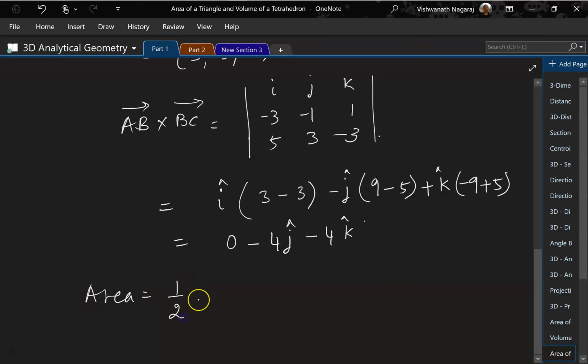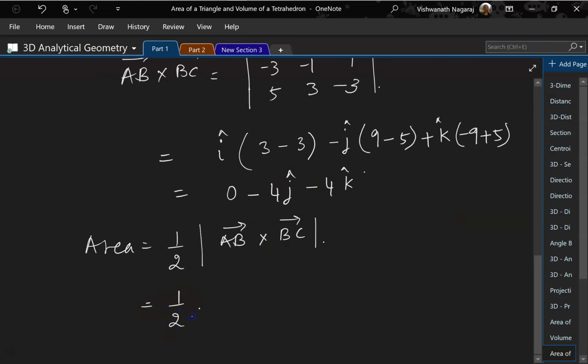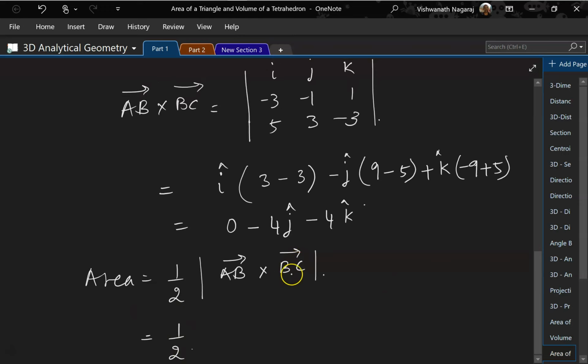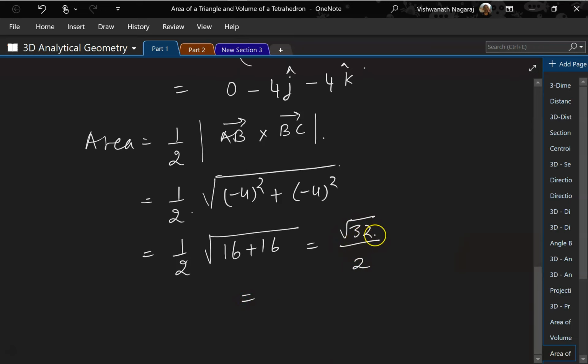Now we have to figure out the area. Area would be half of the magnitude of AB cross BC. So the magnitude would be the square root of (-4) squared plus (-4) squared, which is equal to 1 by 2 times the square root of 16 plus 16, which is square root of 32 by 2, which is 16 2's 32.